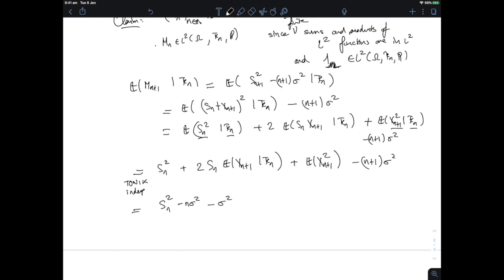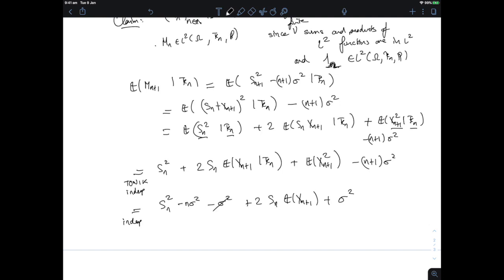Now this term here, again, I can use independence. That gives me plus 2Sn times the actual expectation of xn plus 1. What is the expectation of xn plus 1 squared? It's sigma squared. That's part of the properties of our IID variables. They have mean 0 and they have variance sigma squared.